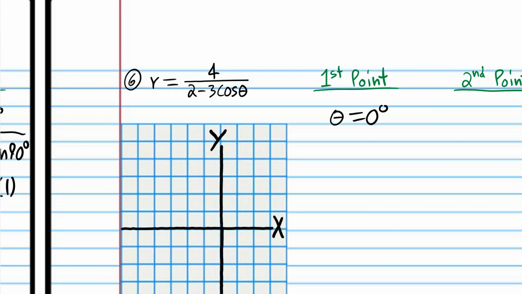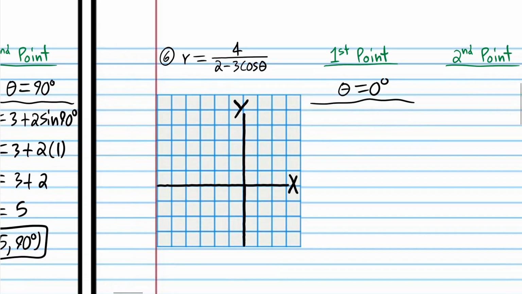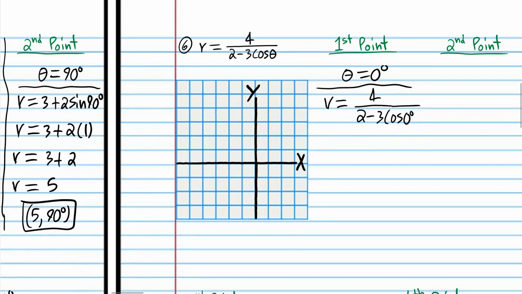Okay, we're back. So I'm going to try 0 degrees for theta. I always choose 0 first. So cosine 0 degrees is equal to 1. So we have 4 over 2 minus 3 times 1, which is -4.